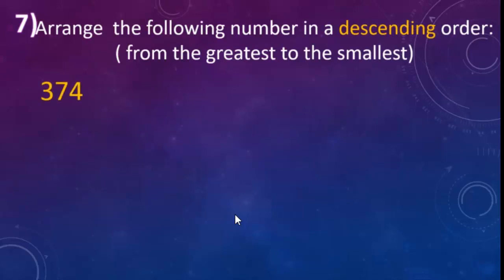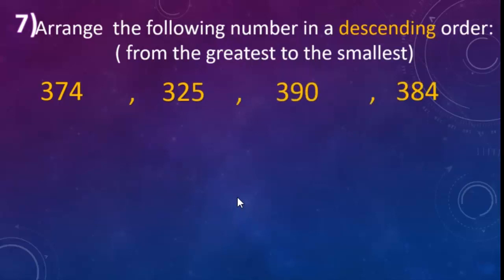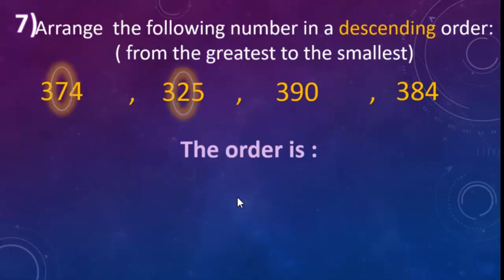Arrange the following numbers in a descending order. What is the meaning of descending order? Arrange numbers descendingly means from the greatest to the smallest. We have 374, 325, 390, 384. Look at the hundredths place. Here we have 3, 3, 3, 3. So, what about tenths place?